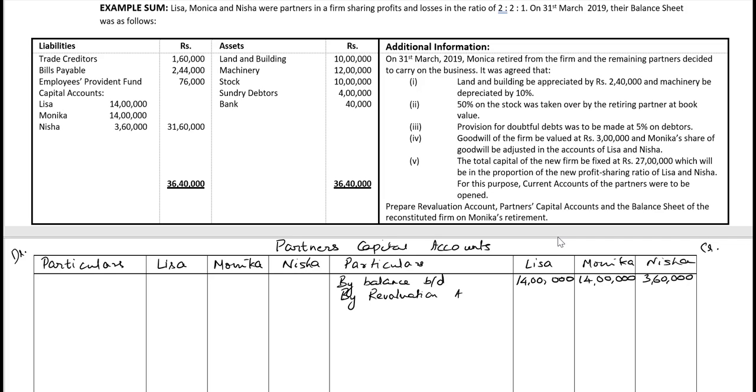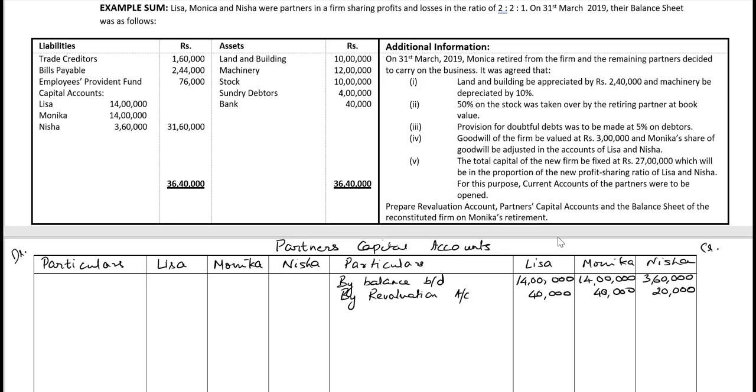As per the revaluation account, it was 40,000 rupees for Lisa, 40,000 rupees for Monica, and 20,000 rupees for Nisha. There are no reserves or accumulated profits or even accumulated losses of fictitious assets.